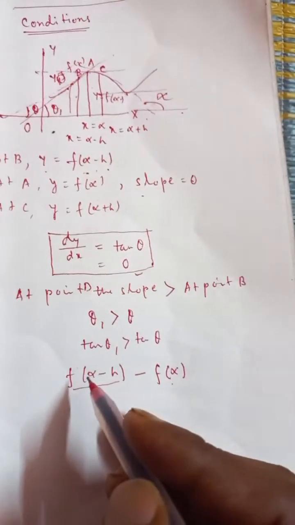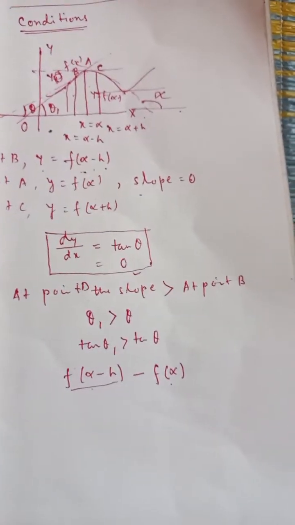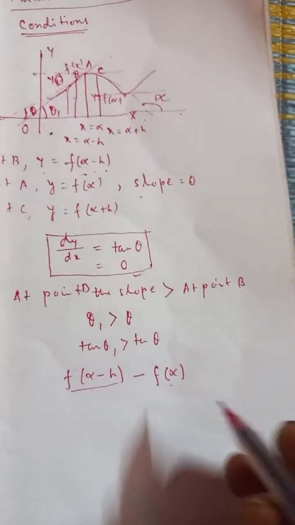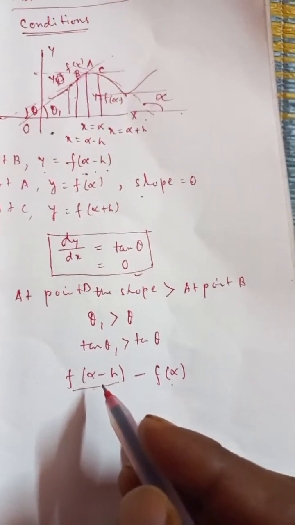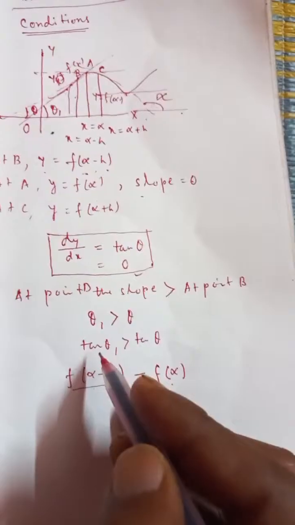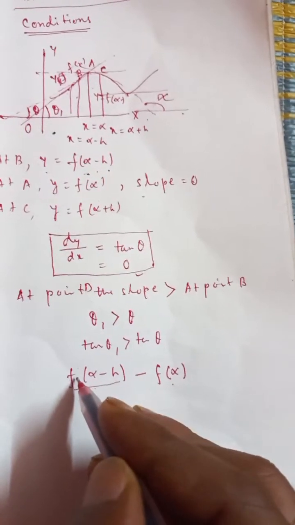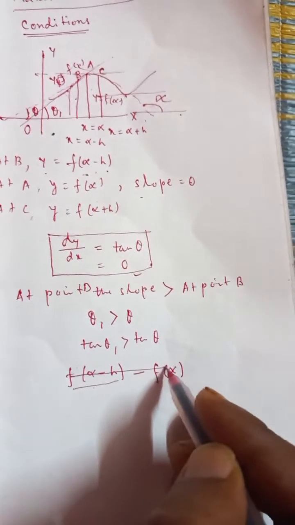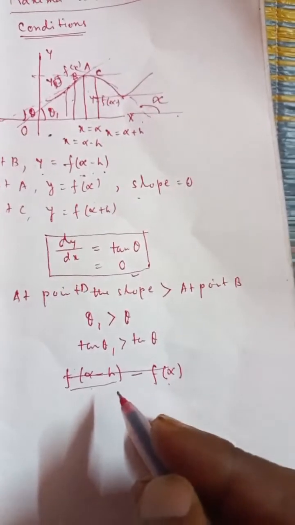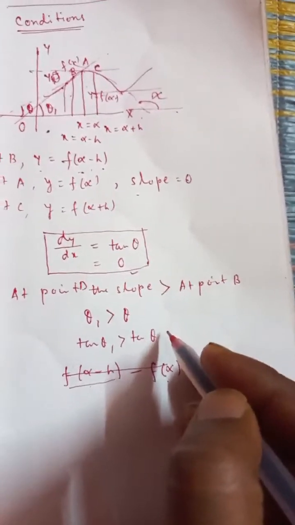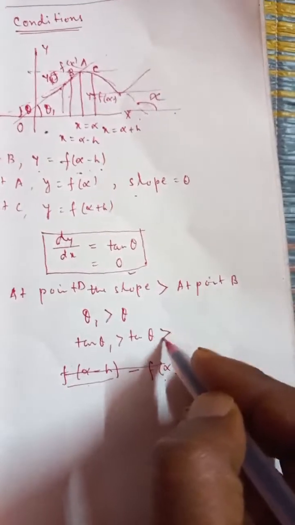But we used the slopes calculation to find out the slope, so this is actually greater than 0.